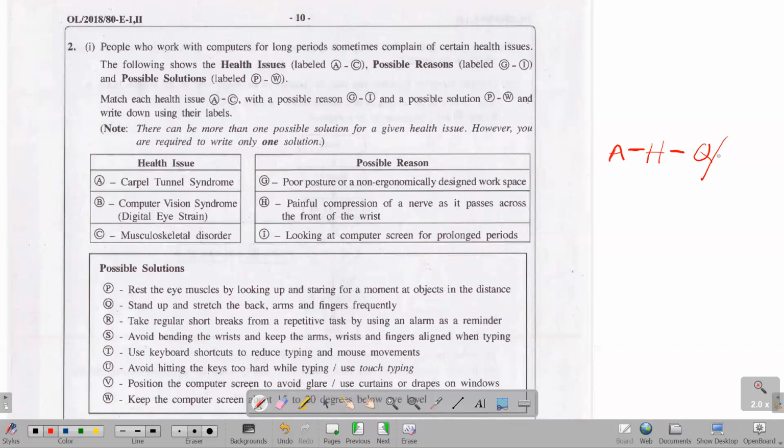If it is not Q, you can take R, take irregular breaks. And S for sure. Also, you can take it as T. Yeah, those kind of things.